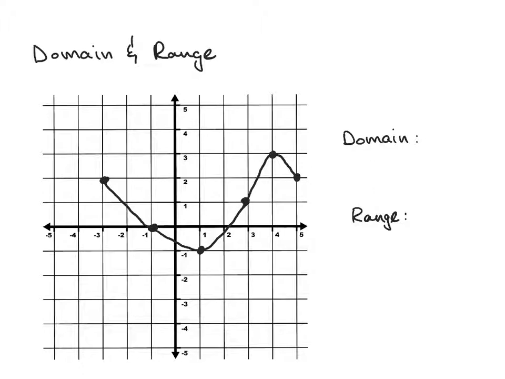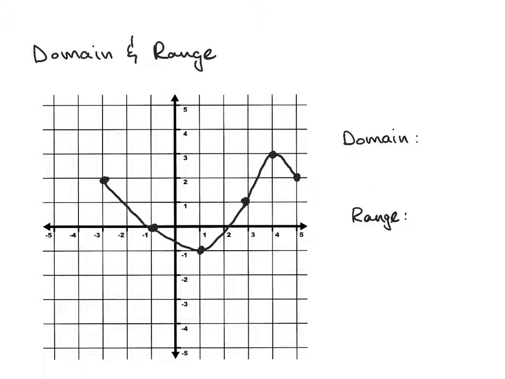What I mean by that is, let's take the x value of -4. There is no point on the graph that has an x value of -4, so that means -4 isn't in the domain. It's not an input because it doesn't have an output. -3, however, is in the domain because when x equals -3, we have an output right here.